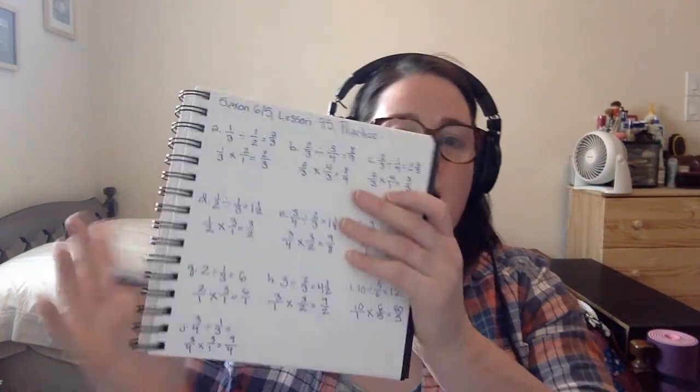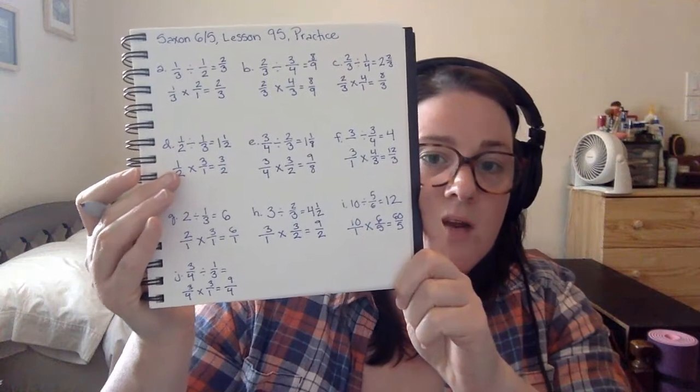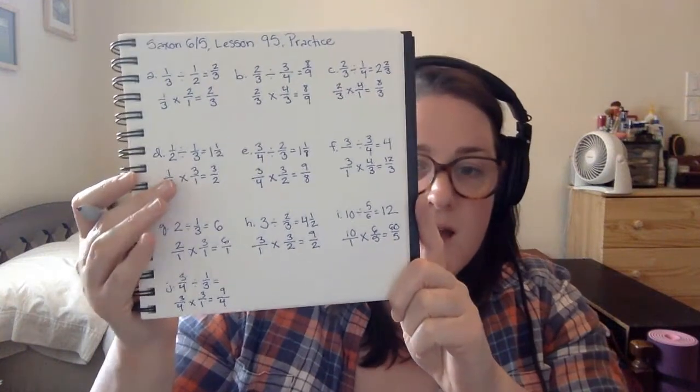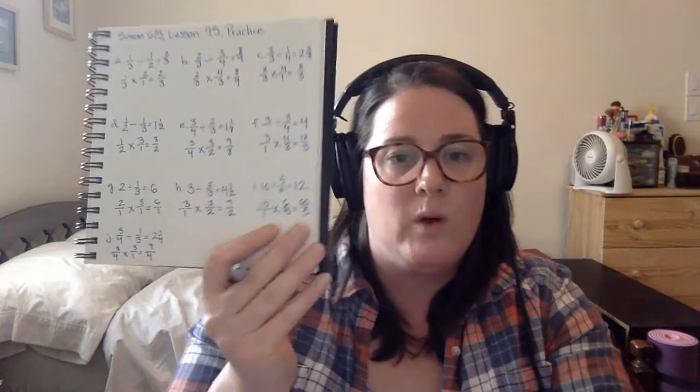My division becomes multiplication. And my second fraction, 1/3, I'm going to use the reciprocal, which is 3 over 1. When I then multiply, I get 9 over 4. 9 over 4 simplifies to 2 and 1/4.